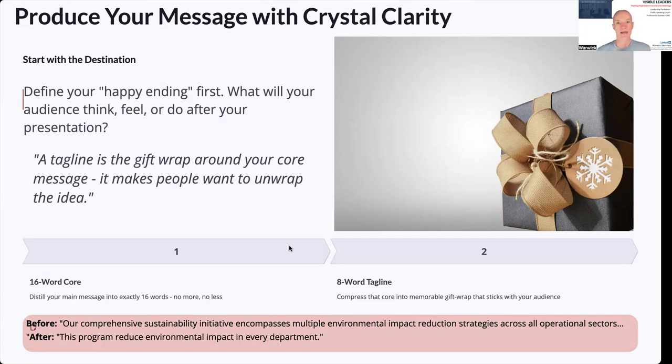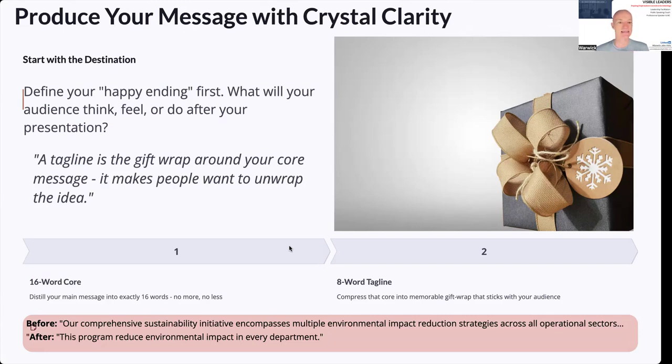So when you have an idea, reduce environmental impact in every department, now you can think about a visual. What visual would you like to have to represent in every department? Maybe it's an org chart. Maybe it's a little picture collage of snapshots of different parts of the business. Reducing environmental impact, what kind of visuals could you use?